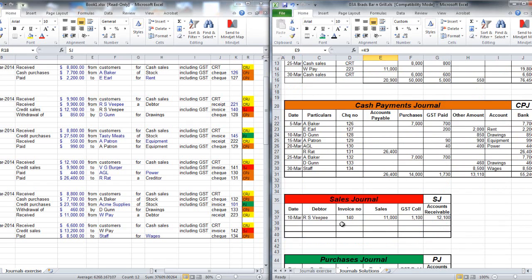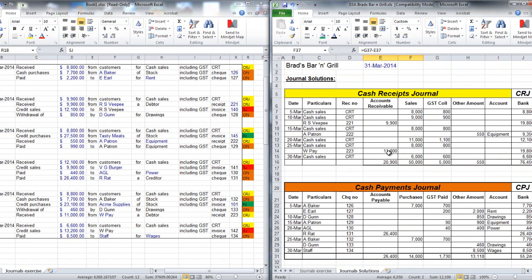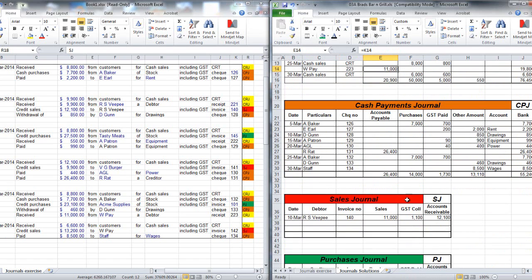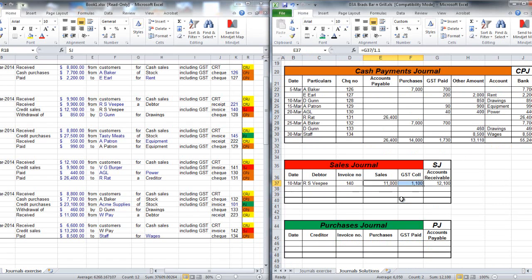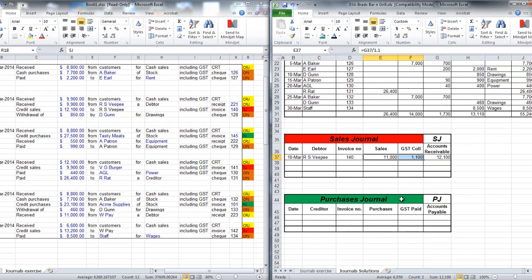But then, say for example, we record the GST there, and then when I receive this money of 12,100, I put the 12,100. I don't have to worry about the GST this time. So that's the difference. The GST gets recorded when you make the sale. It doesn't matter if you haven't received the cash yet. We record it at the sale point. And then we go to the next one.